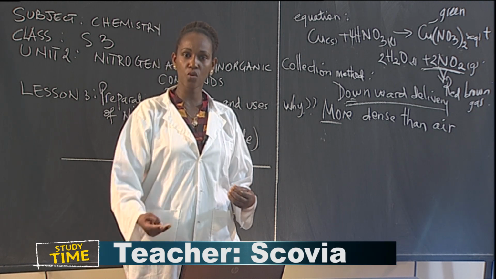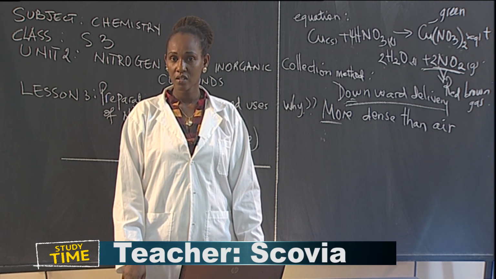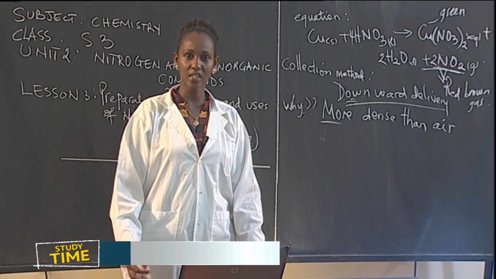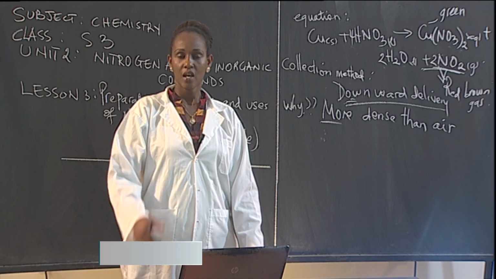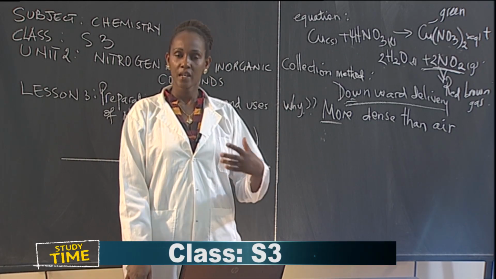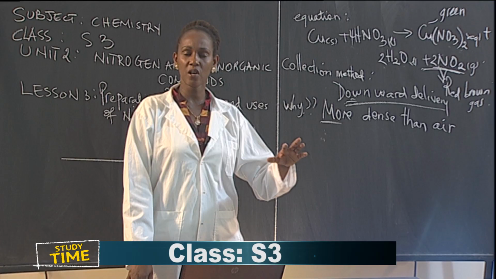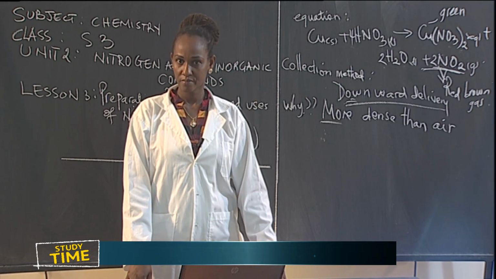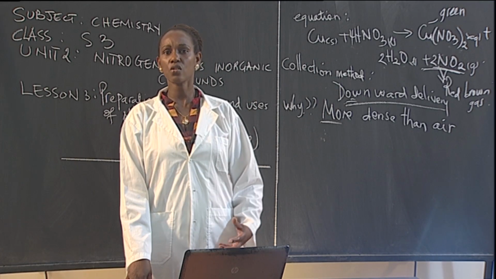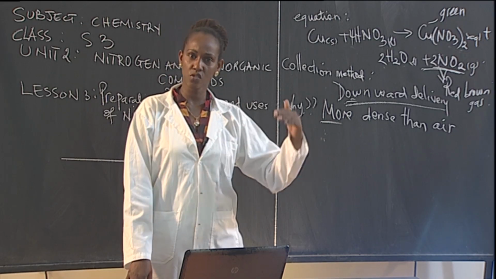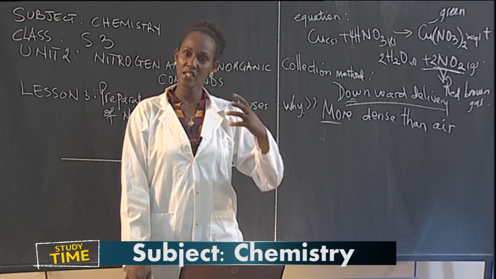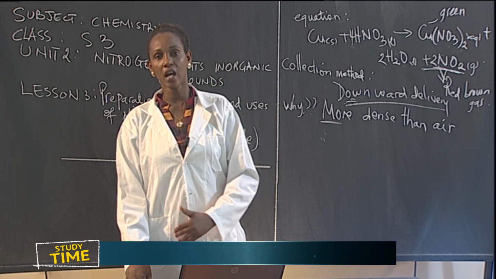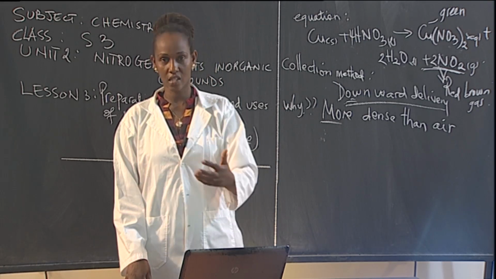So we have looked at the two methods of preparing nitrogen dioxide: reacting copper turnings with nitric acid, and heating or decomposing lead(II) nitrate. You need to know the physical properties of nitrogen dioxide, the chemical properties of nitrogen dioxide, and you need to tell the uses of nitrogen dioxide.